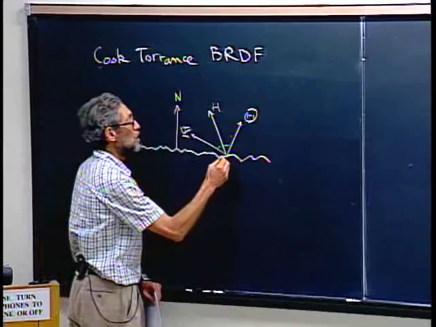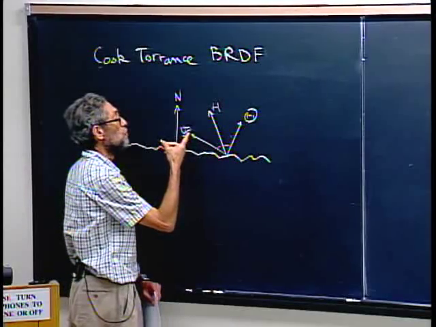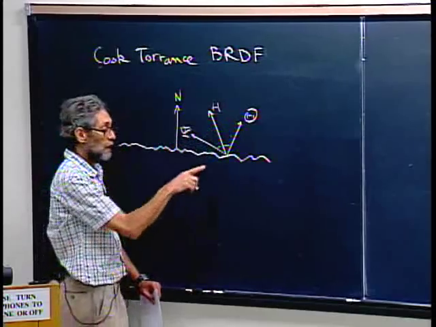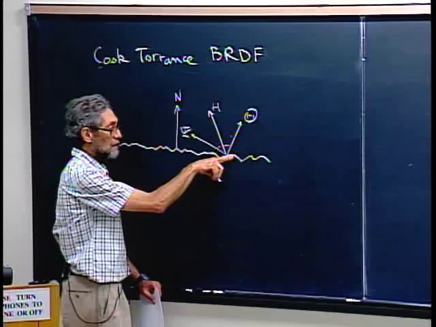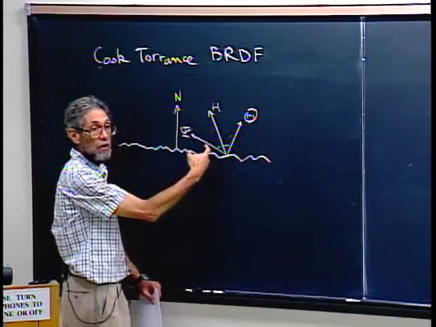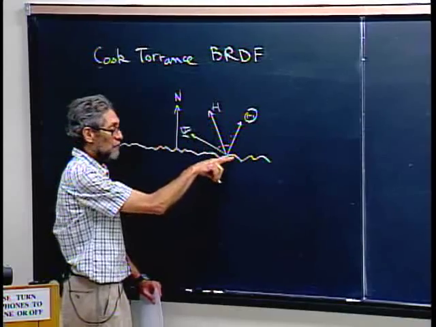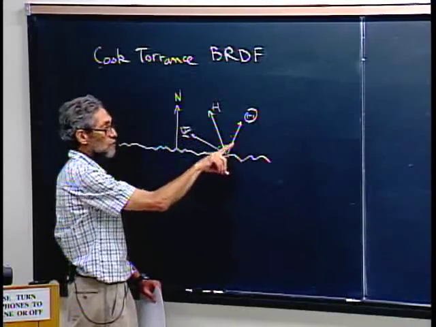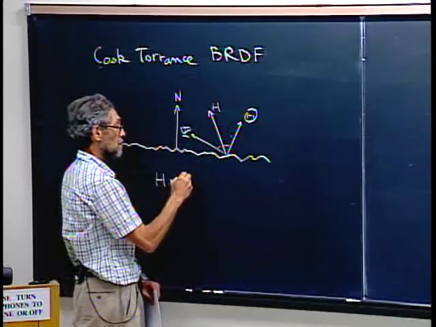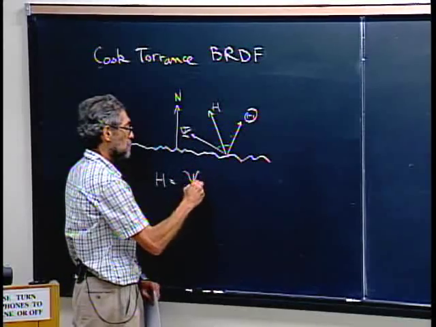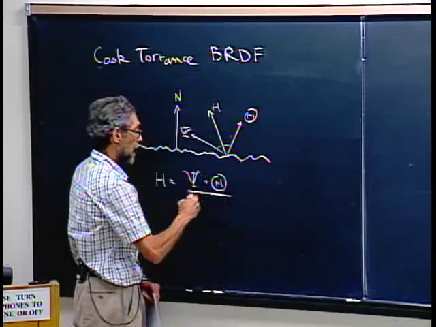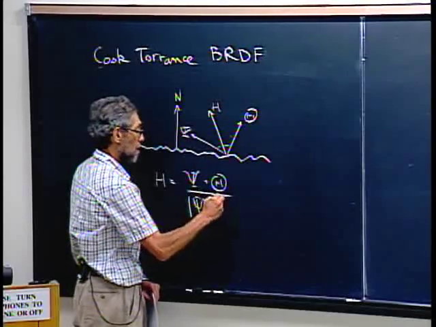We're assuming that any light that comes from this direction and gets reflected in that direction is reflected off a small flat facet with the normal exactly bisecting this angle, in order to make that facet reflect all the light in this direction into that direction. So as I said, H, this halfway vector, is the sum of these two vectors, which you can think of as vectors divided by the absolute value of the sum.